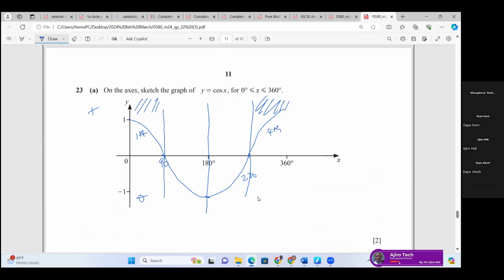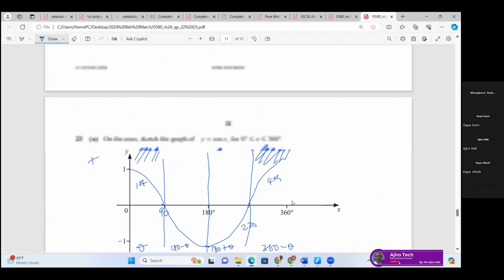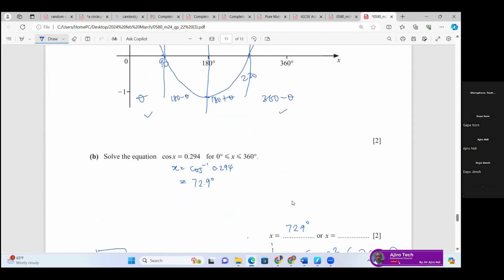Here is theta. Here is 360 minus theta. This one is 180 plus theta. This one is 180 minus theta. So this and this are positive, right? We have got theta, so let us do 360 minus theta.